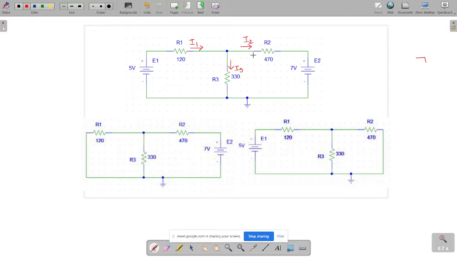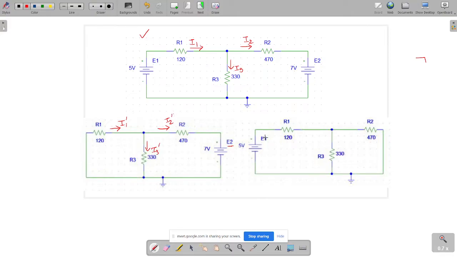So we are going to solve these branch currents for this circuit at first. Then we have to deactivate E1, that is, remove E1 from the circuit and keep only E2 in the circuit, and then solve the same currents. Let us say these are I1 prime, I2 prime, and I3 prime.